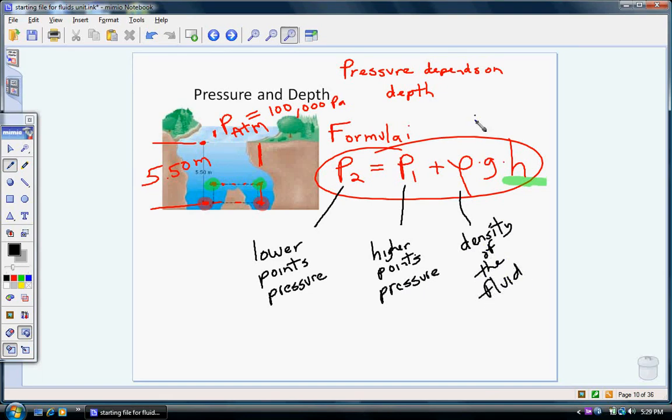The g is the acceleration due to gravity, and the h is the depth at which you're taking the pressure. So that's the depth of the lower point.